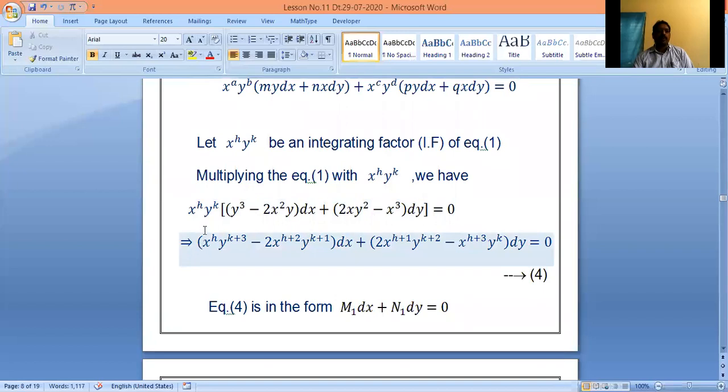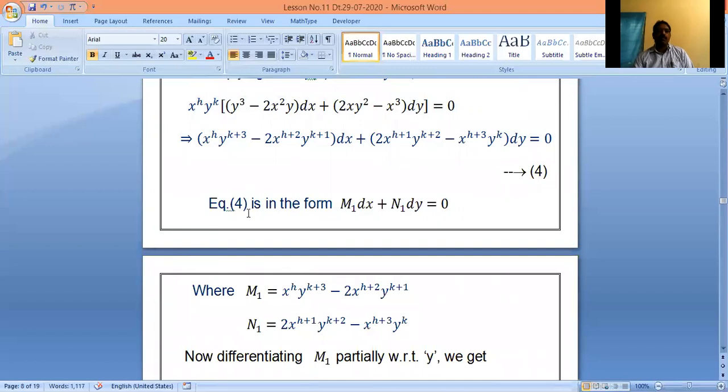That implies here x^h y^k into y³ is x^h y^(k+3), and 2x²y into x^h y^k is 2x^(h+2) y^(k+1), whole into dx, plus here 2xy² into x^h y^k is 2x^(h+1) y^(k+2), minus x³ into x^h y^k is x^(h+3) y^k, whole into dy is equal to 0. Let this equation be 4.